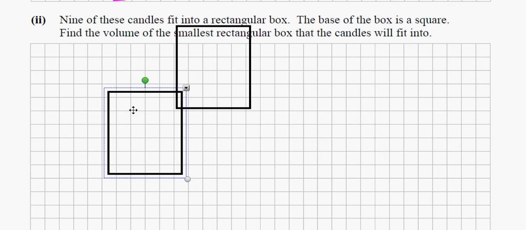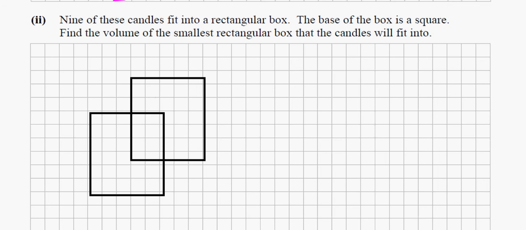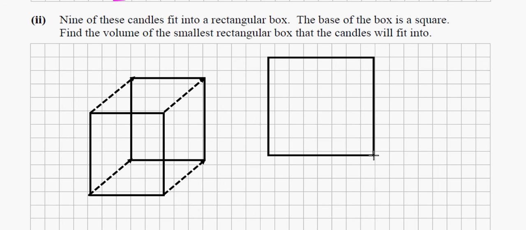So if we were to draw this in here, that's a square bottom there, and it has to fit 9 of these candles into it. So if we were to draw out the square bottom, like so, what basically has to happen is 9 of these candles have to fit in.